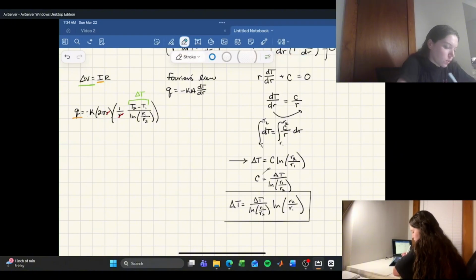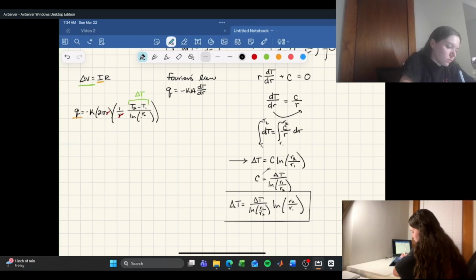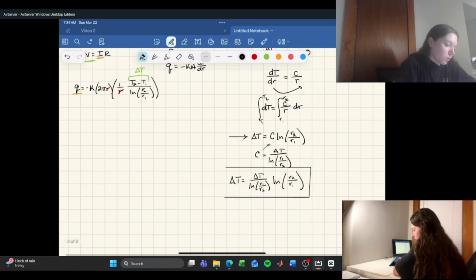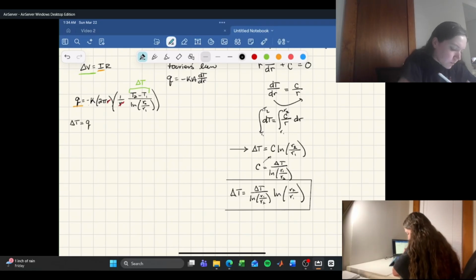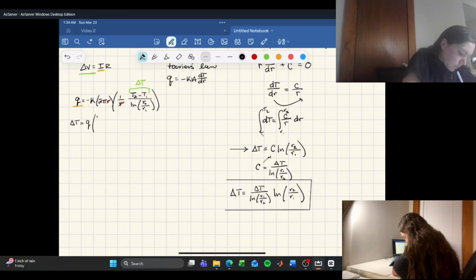Okay, and now when we rewrite this, it's going to be delta T, or the change in temperature, is equal to the heat flux times the natural log of R2 over R1, divided by the negative thermal conductivity times the area, which is 2 pi.